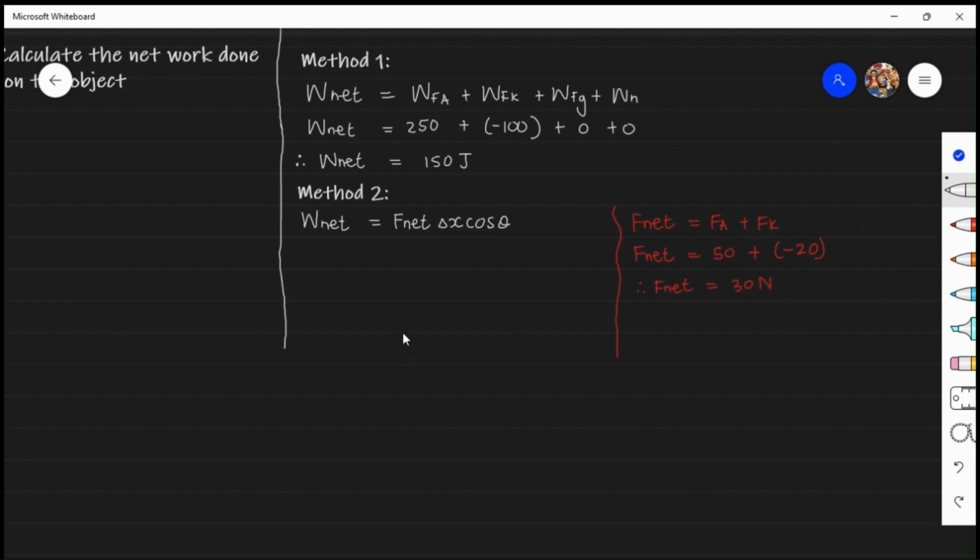Now, because my net force is positive, that means that it is in the right direction. So let me substitute into my formula. F net is 30 newtons times my displacement, which is still the same, 5 meters, times cos of my angle. Now, theta represents the angle between my displacement and, because I'm calculating work net and using F net, my F net force.